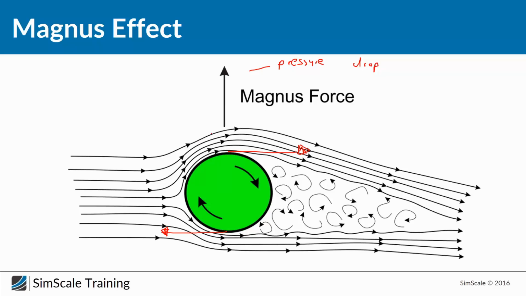And this effect is the reason why a banana flip can work. So in the end, if you want to perform a banana kick, you have to kick the ball in a way that you add a rotational movement to the ball, which is superpositioning with the translational movement of the ball.